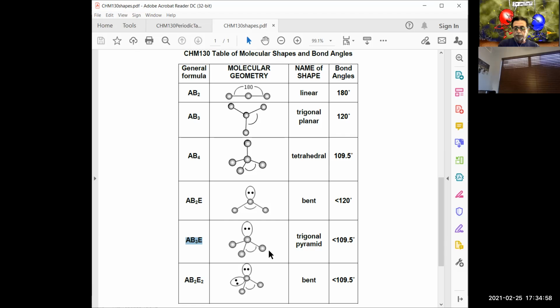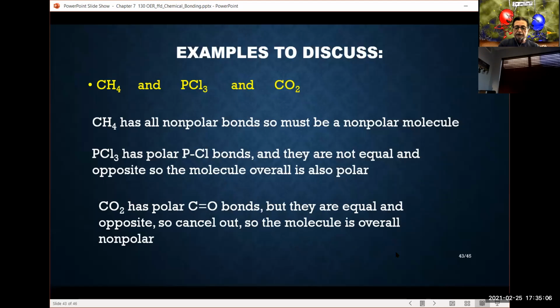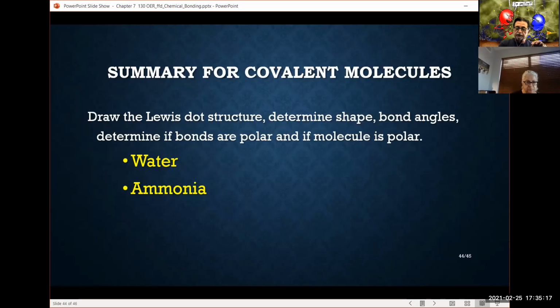These 3 polar bonds would not cancel each other out, and we end up with a very polar species. Okay. And then carbon dioxide, we just talked about that. The fact that there are 2 polar bonds in that molecule, but they cancel each other out. Therefore, we end up with a nonpolar species.